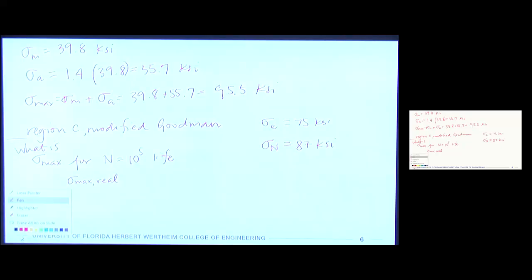Let me write that equation. Okay, so our n for 10 to the 5th life is going to be, well, nope, I keep doing this backward. Factors of safety always get me.